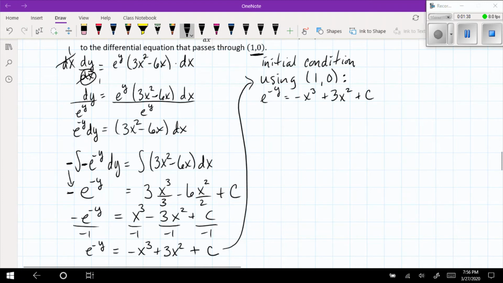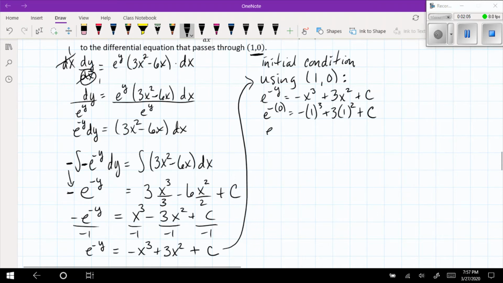Now I don't like to take a step as soon as I draw this arrow, so I always want to copy what I had before, and plus I always like to see the equation directly above where I do any substitutions. So e to the negative something equals negative something cubed plus 3 times something squared plus c. My input for my x is a 1, so there go my 1's, and my y value is a 0, so there's my 0.